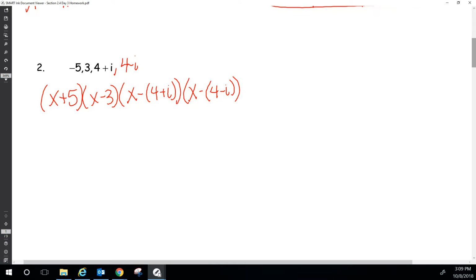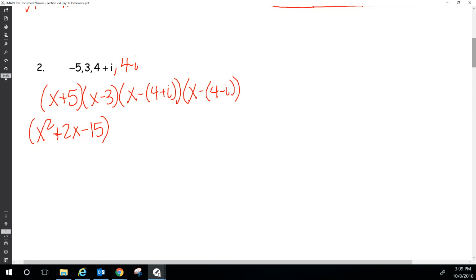Let's start with our first 2 binomials and multiply them together. X times x is x squared. And then I've got negative 3x, positive 5x. 5 minus 3 would be 2x. And then 5 times negative 3 would be negative 15. All right, multiplying our second 2 binomials.